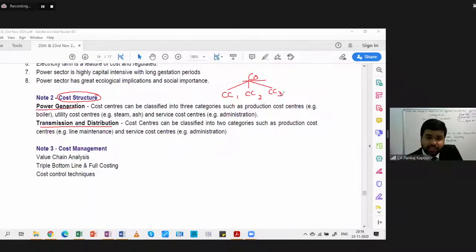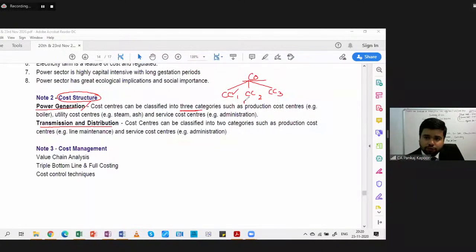Now the question arises, in the power sector, what sort of cost centers exist? Friends, a power generation company like NHPC or NTPC, or any company which generates power through solar or any other means, can have 3 categories of cost center.